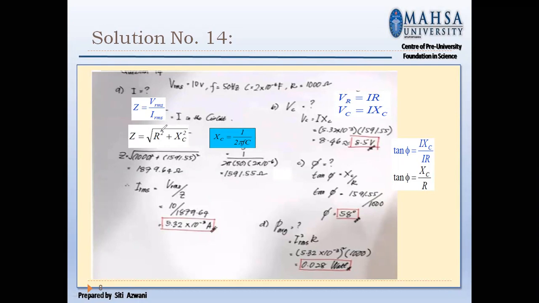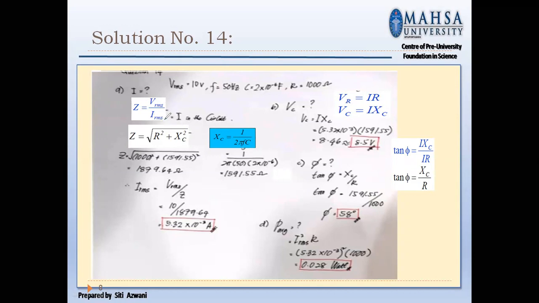For the impedance formula, you need to consider the resistance value and the XC, the capacitive reactance. The formula to calculate the IRMS uses the impedance, which is equal to VRMS divided by IRMS.